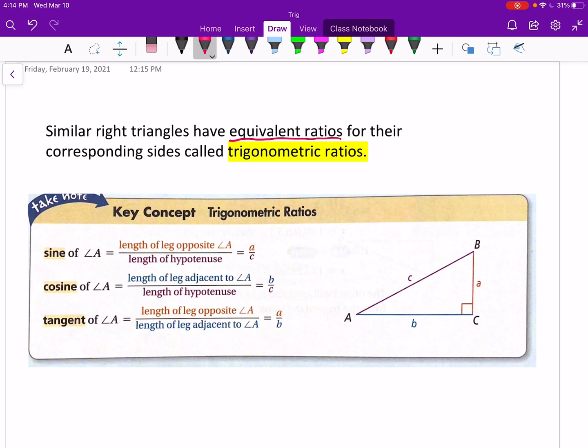So the sine of angle A, which is this angle right here, is equal to the length of the leg opposite of A, which is this side over here, over the length of the hypotenuse, which is the side across from our right angle. The cosine of our angle A is the length of the leg adjacent to A. Adjacent means it's the leg right next to it, or the leg touching our angle, over the length of our hypotenuse, which is this side.